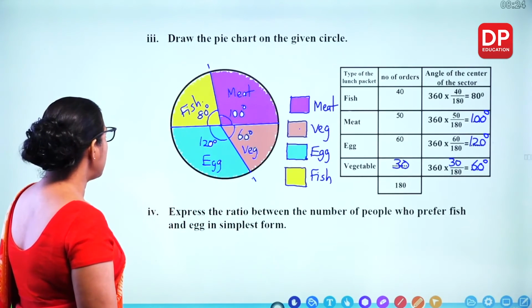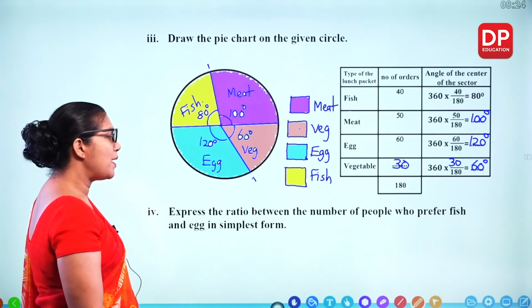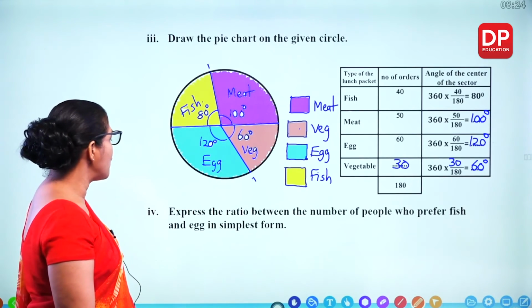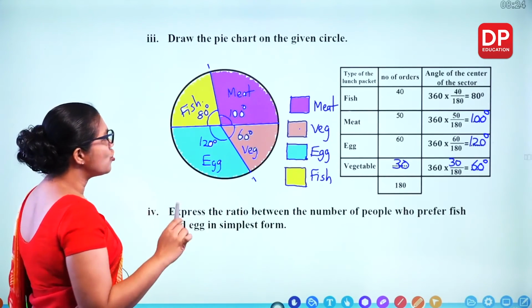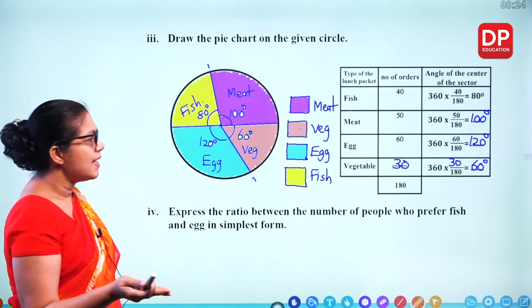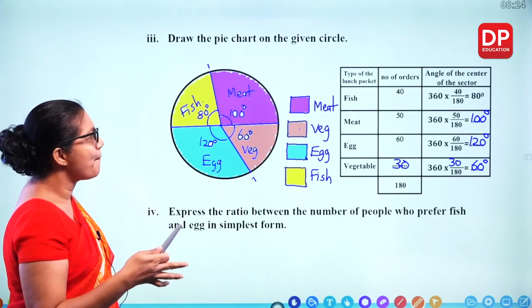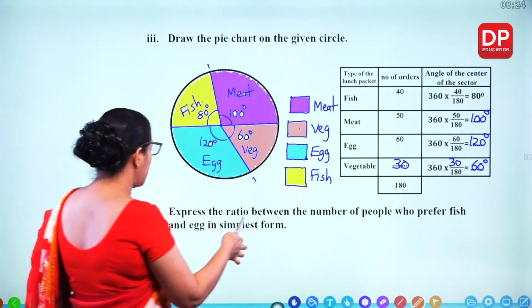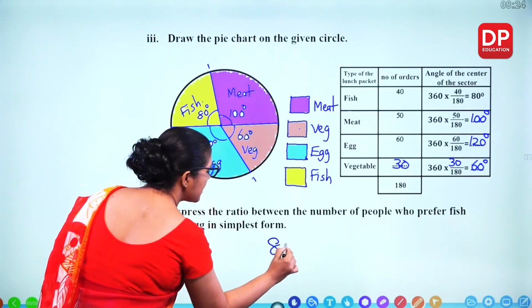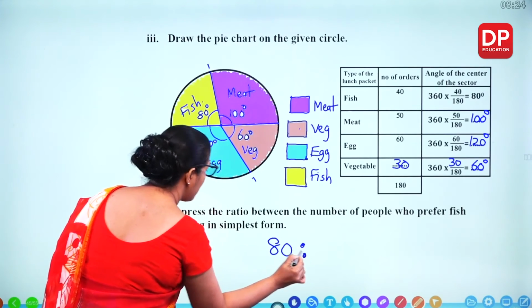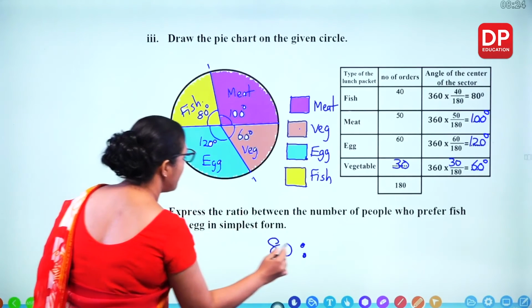And then it says express the ratio between the number of people who prefer fish and egg in simplest form. So the ratio between angles you can easily take. You don't need the number. So what's the angle for fish? 80 degrees. And what's the angle for eggs? 120.